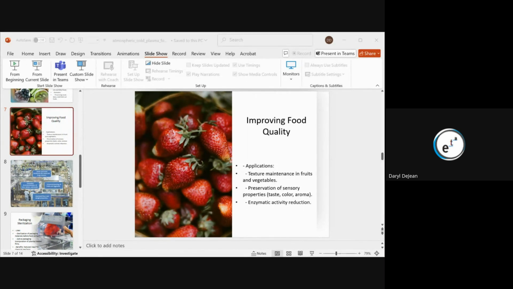And you'll notice in the grocery store, you can have the bananas on one shelf, and then right next to it or across the aisle are the tomatoes and stuff like that. So there's gases coming off of all these different products that are affecting each product. With non-thermal plasma or atmospheric cold plasma, it is eliminating those gases so those fruits and vegetables stay fresher looking, keep the color, and maintain their life much longer than normal.